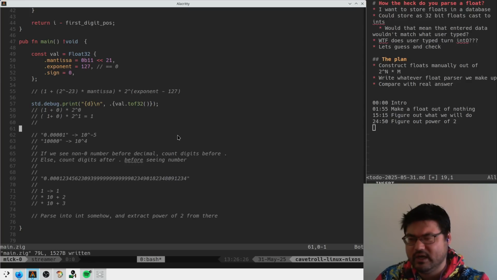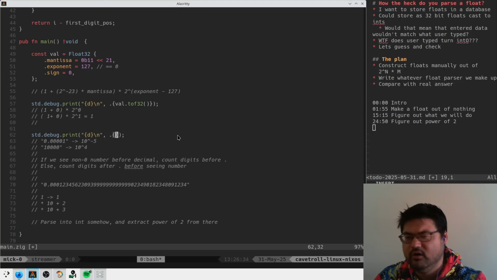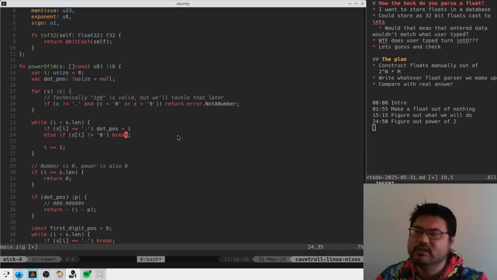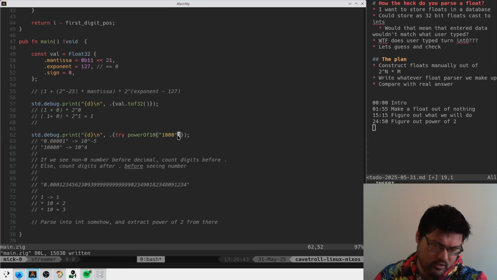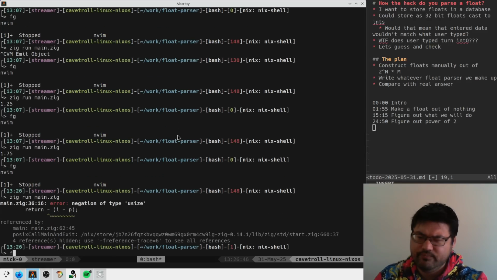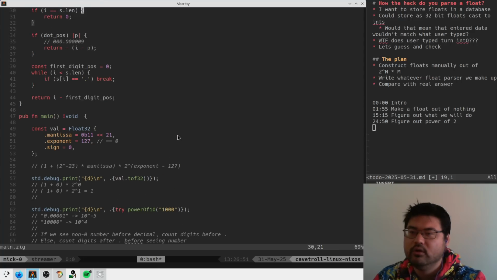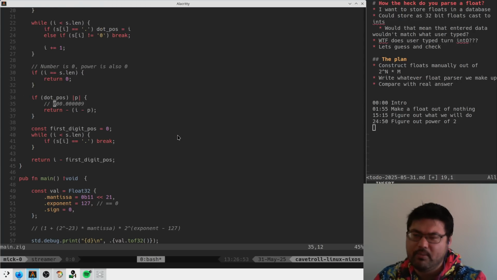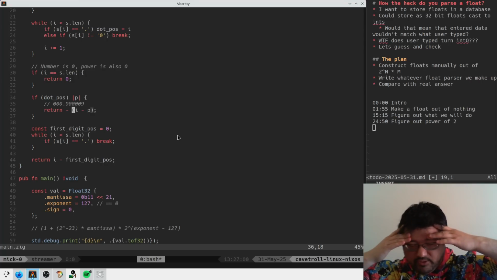Okay, let's do that. Let's say we're looking for a number that's like, what do we call this? Power of 10 of like 1,000, right? So we're expecting this to return 4. Negation of U size, true. So we probably want, if this is really big, which is possible, right?